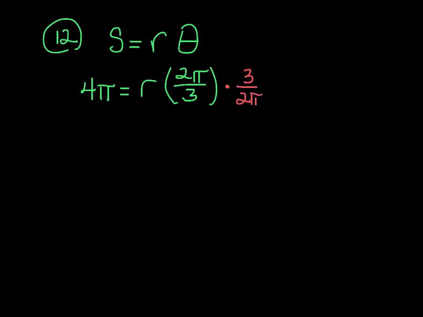Because that will cancel out this, and I'm going to do the same thing over here. So I'm going to multiply by the reciprocal of the fraction. There we go. And the reason why I like to do that is I can see, oh, 2 pi and 4 pi, that's going to cross out. The pi's completely cross out, and 2 goes into 4 twice. See that?